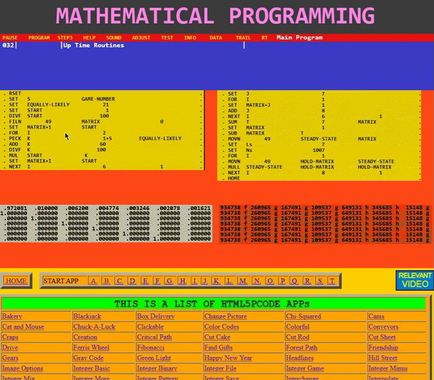Then it says for I of 2, down here to next I6 one at a time, it first wants to get a random value equally likely, and that equally likely value is 21. So it's going to give the probability of 0 through 20 equally likely.